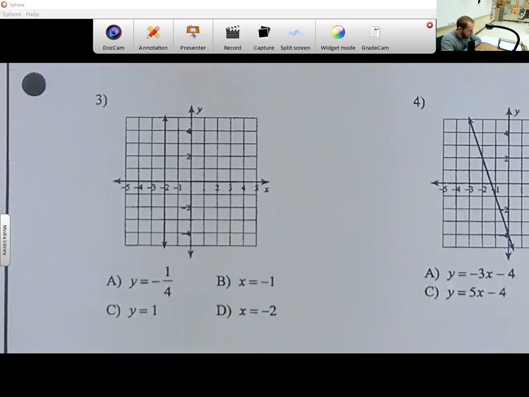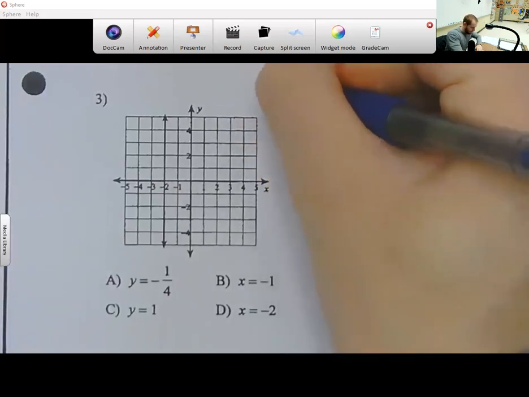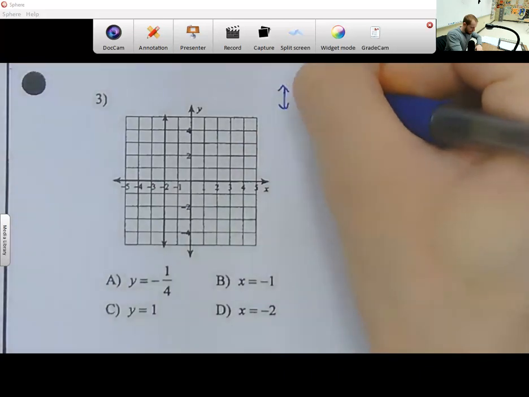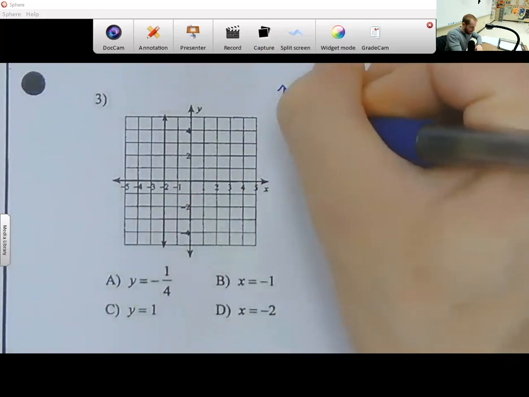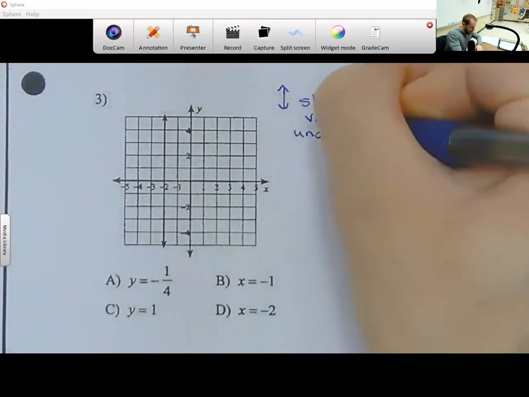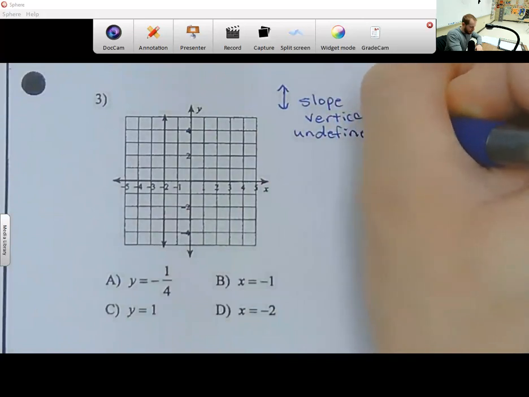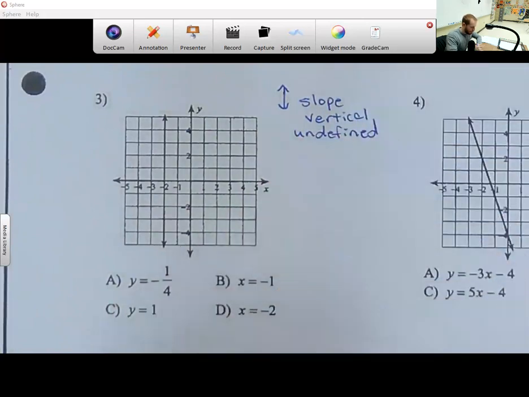Now, looking at this graph, we have a vertical line, right? So we know our slope is going to be vertical. Slope is vertical. That means that the slope is undefined. So that means we're not going to have a number in front of the x like we want. But that's okay.